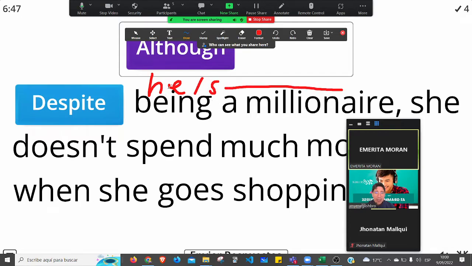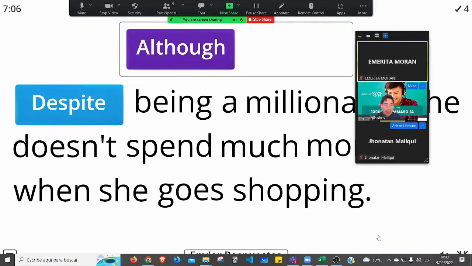Para que sea un despite he is, tiene que haber sido un despite the fact that, a pesar del hecho de que ella es millonaria. Luego de esto, borró el sujeto y el verbo principal, que es el verbo to be, le agregó ing. ¿Te acuerdan eso? So, despite being a millionaire. Great.